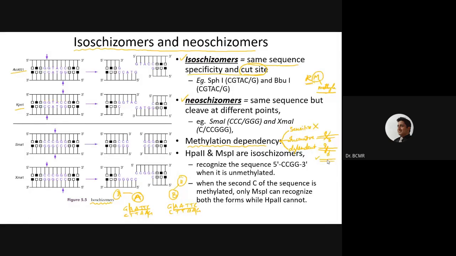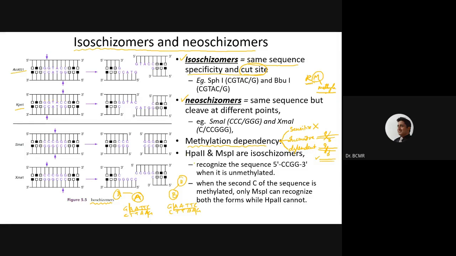Most of them are methylation sensitive. They cannot cleave their target sequence if it is methylated. In some cases, they are methylation insensitive. They can cleave the recognition site irrespective of whether it is methylated or unmethylated. And there are some which are methylation dependent. They cleave only if it is methylated, but otherwise not.